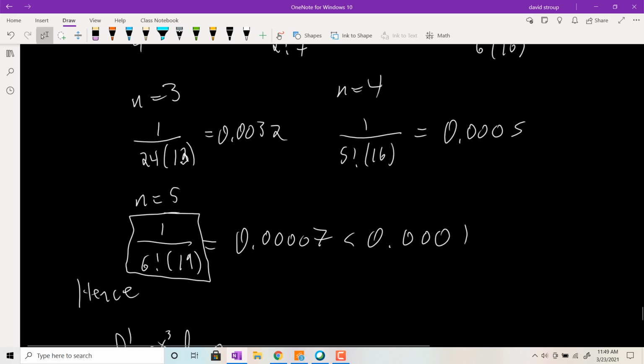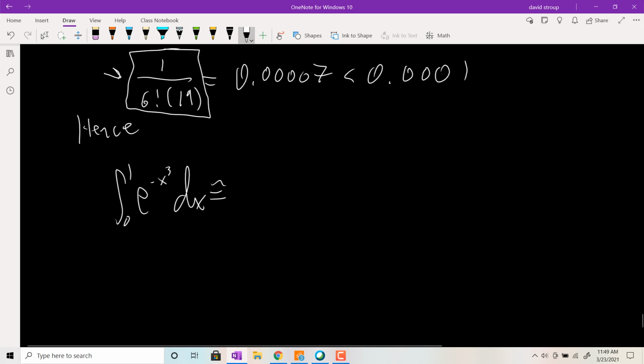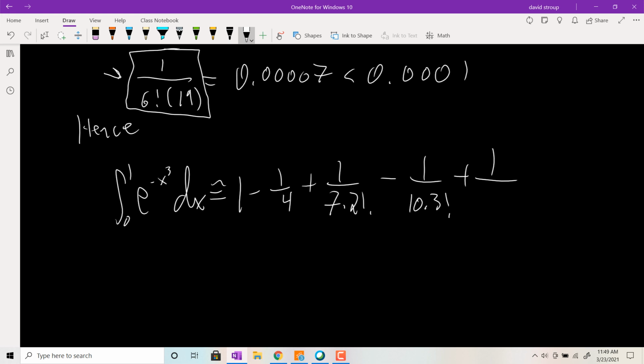See, everything that came before this guy will be your approximation. So you'll have 1 minus 1 over 4 plus 1 all over 7 times 2 factorial minus 1 all over 10 times 3 factorial plus 1 all over 13 times 4 factorial minus 1 all over 16 times 5 factorial, and then you stop because the next term will be the one that works.